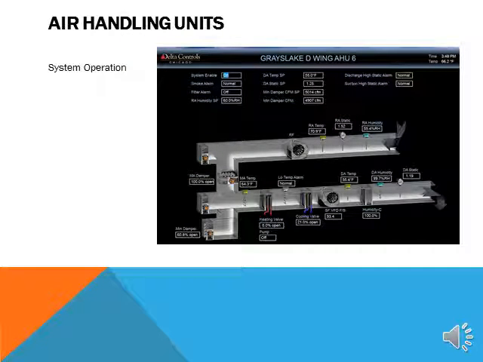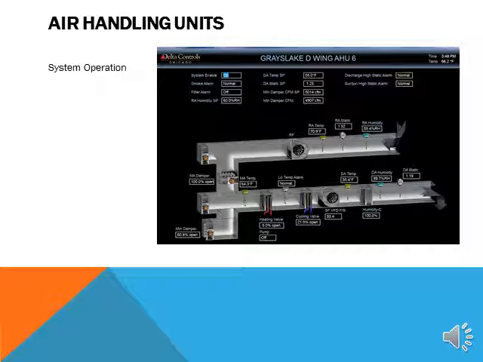Air handling unit system operation. An air handler uses a supply and return fan to move air through the building. The supply fan moves air into the space. The return air fan draws air out of the space. There are also heating coils and cooling coils in the system to maintain the proper temperature desired at the discharge air temperature set point.